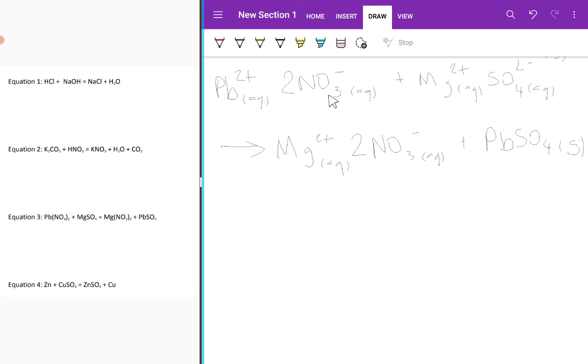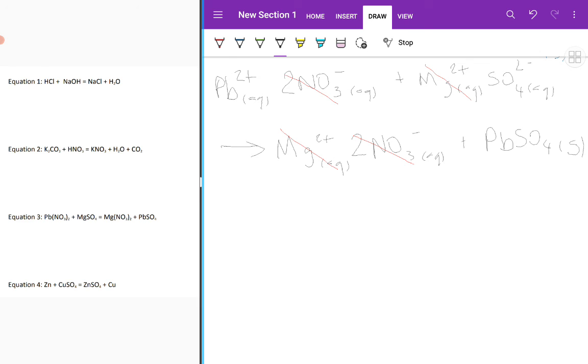You have NO3 minus ions, 2 of them on the left, 2 NO3 minus ions on the right, so we can cancel those as spectators. You have Mg2 plus ions aqueous, Mg2 plus ions aqueous, so you can cancel those as well. And then your sulfate ion, SO4 2 minus, aqueous is on the left, but the SO4 is in the solid state on the right.